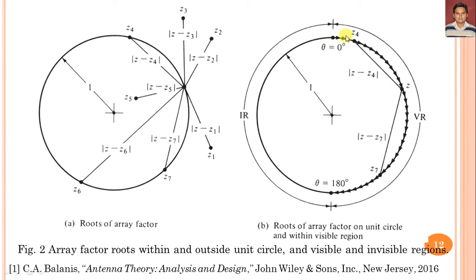Here you can see this is the visible region for the roots of the array factor, and the roots z1, z2 and z3 lie outside the unit circle, and z6 and z5 lie inside the circle or on the circle but not in the visible range.